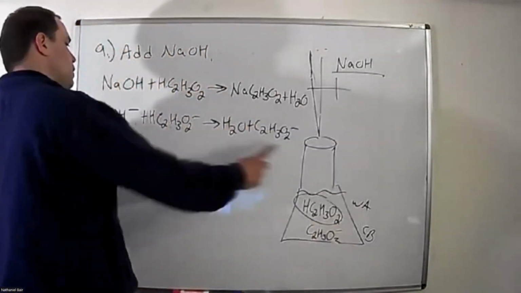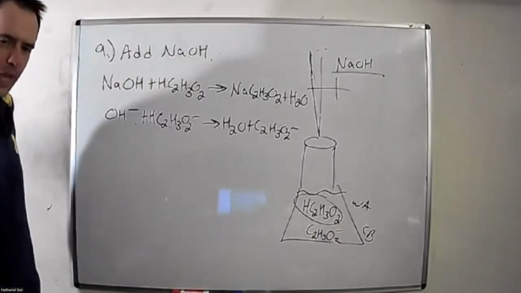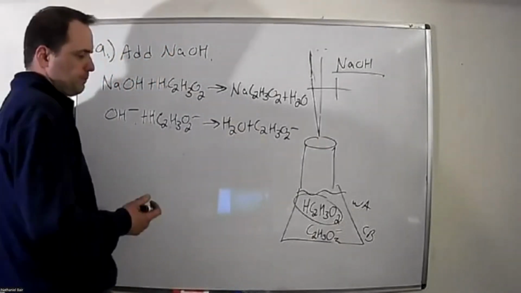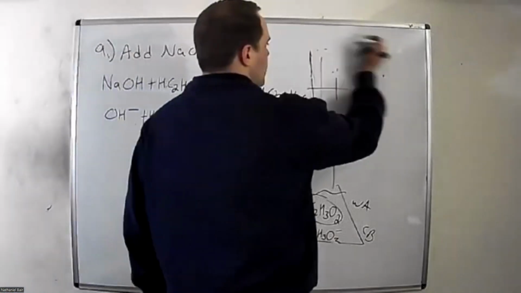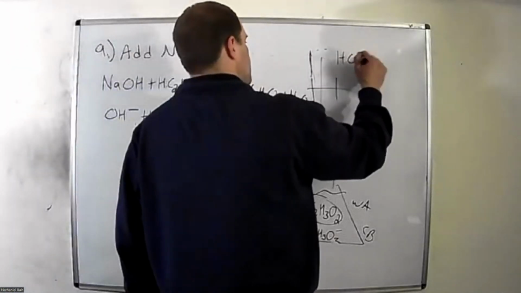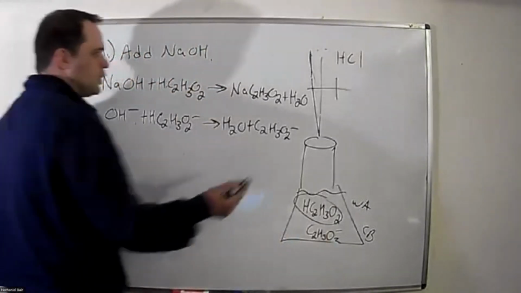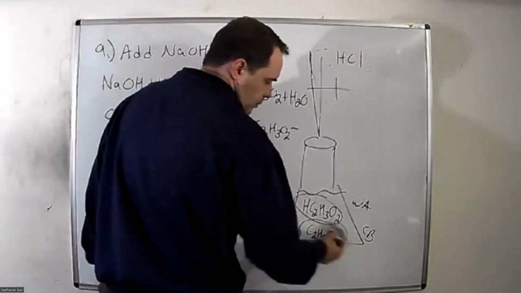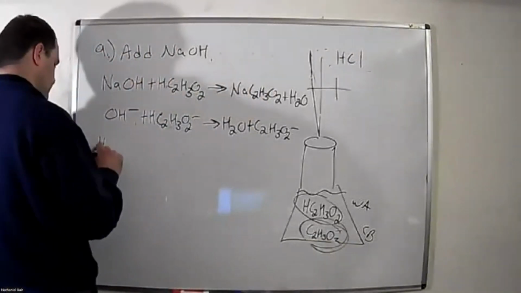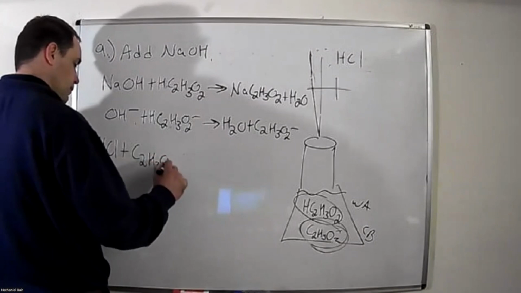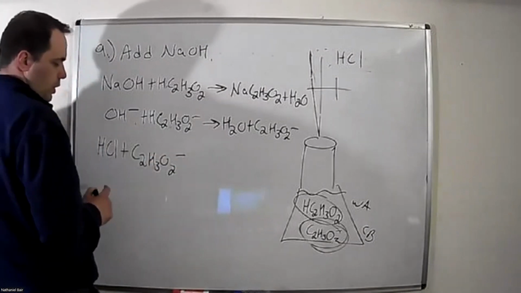And then can you show me an equation showing that reaction of the base reacting with the acidic part of the buffer? So now, what happens if I add a strong acid like HCl? What's that going to do? Well, a strong acid is going to react with the basic part of the buffer. And now we need to show that.